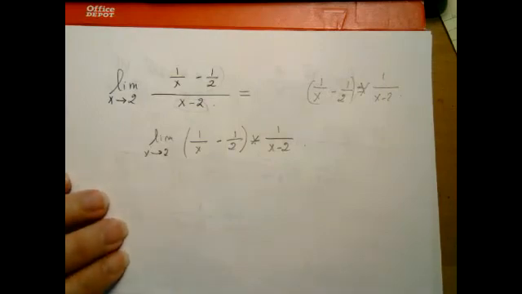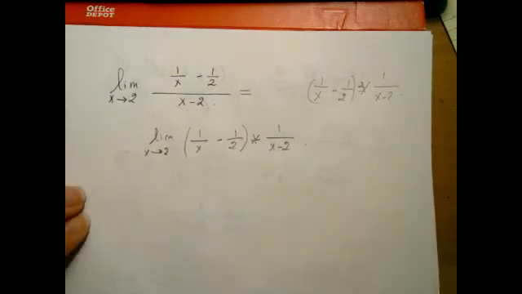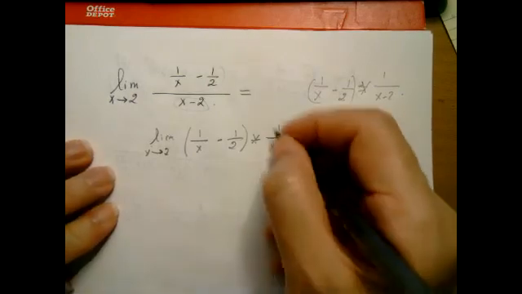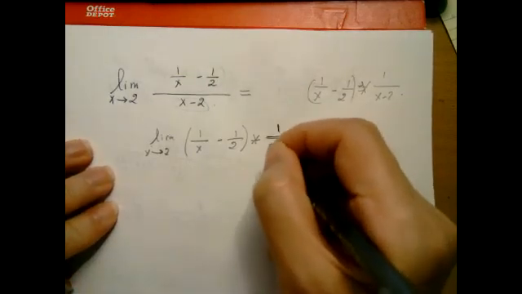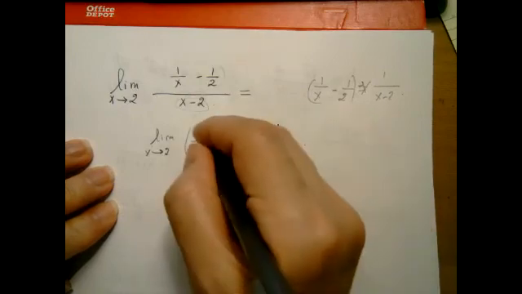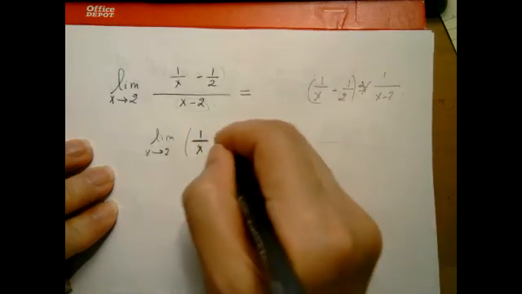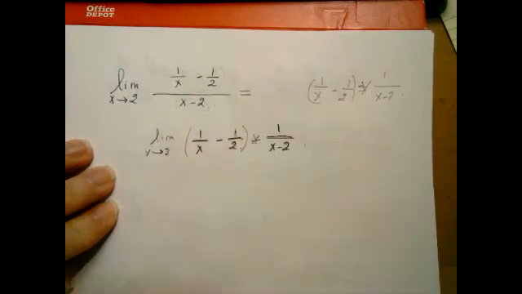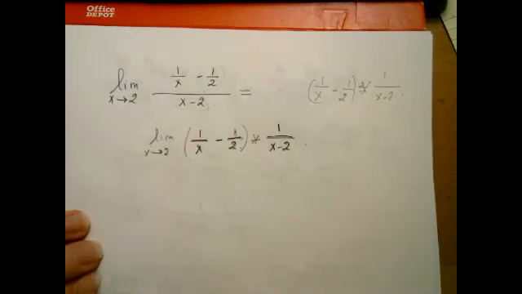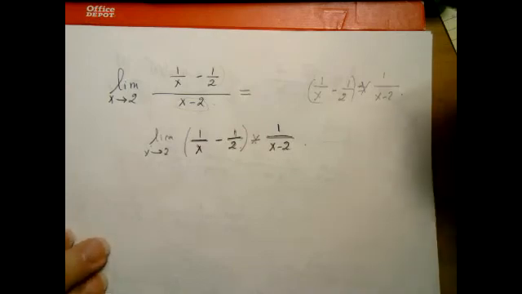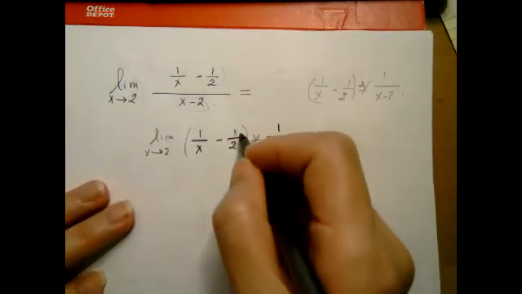What do you think I'm going to do next? Still, I don't know what to do with it. I mean, I'm really still stuck. Find common denominator. Yeah, that's really a good idea. This is a mess.